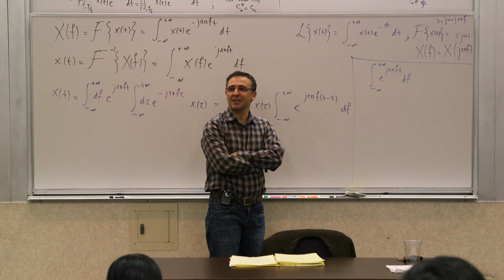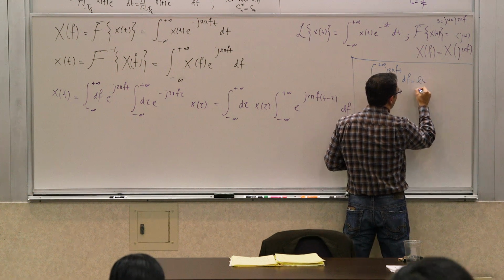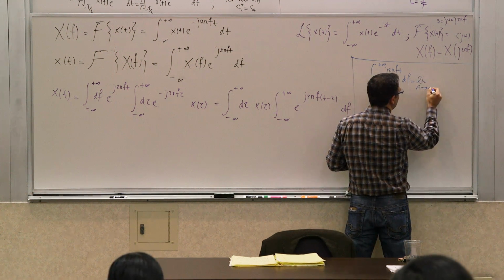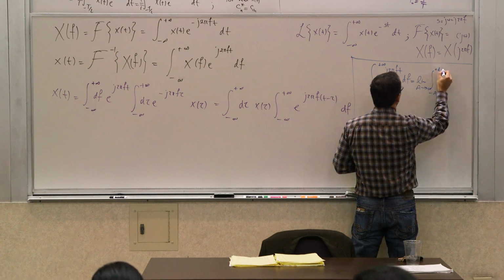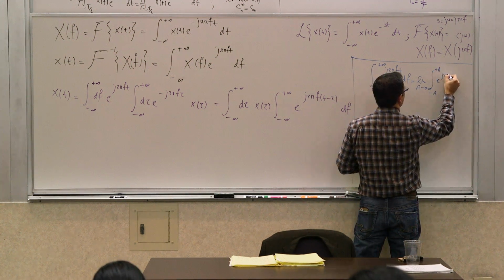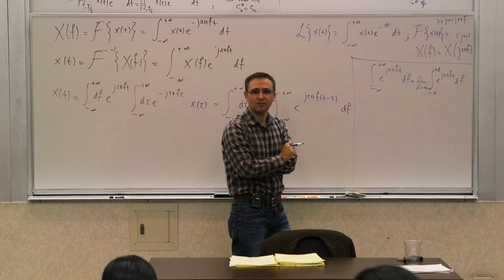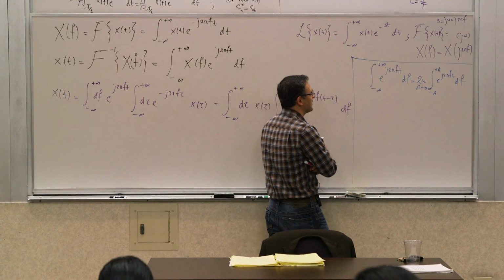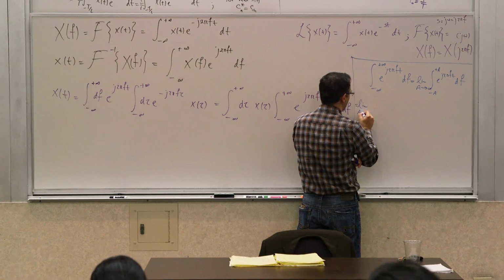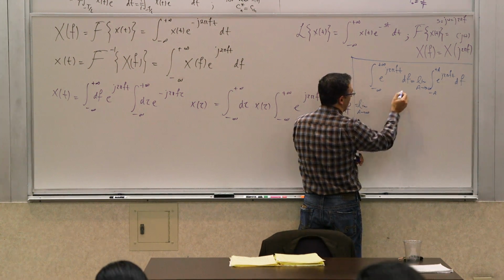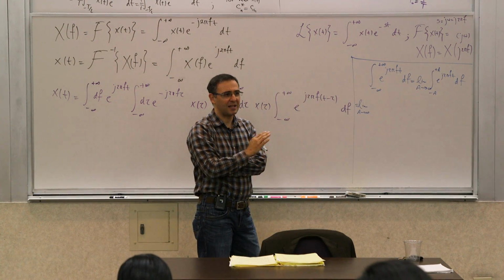So let's do the integral. How do we calculate this? One way to calculate this is to write it as the limit of a going to infinity of the integral from negative a to positive a of e to the j 2 pi f t df. So let's find that integral first. That shouldn't be that bad, right?